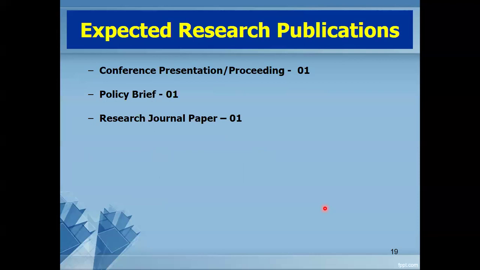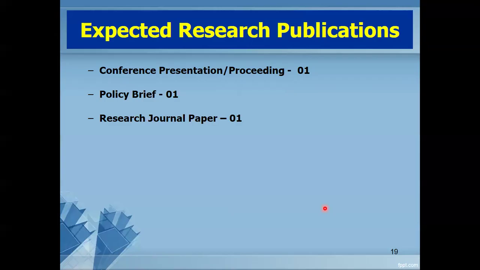But the ultimate goal is to write the undergraduate thesis or the postgraduate thesis, right? But when you present the expected research publication, then the panel will realize that this student is not going to stop by completing this thesis, but he or she has also planned to publish this paper.